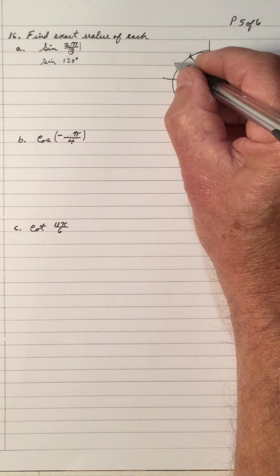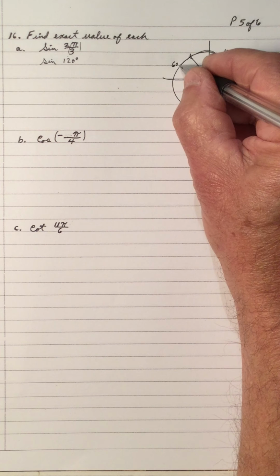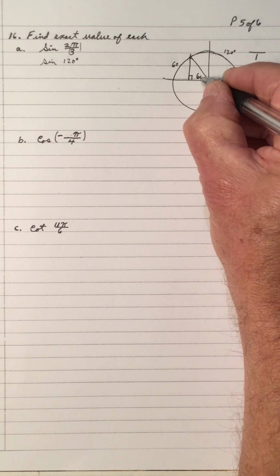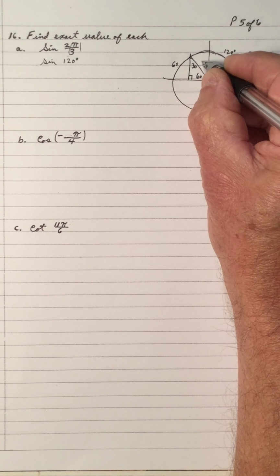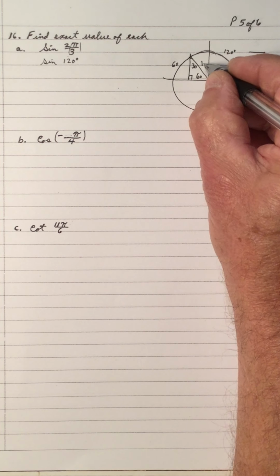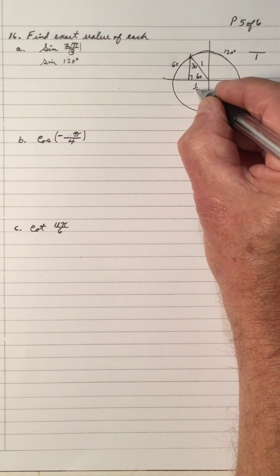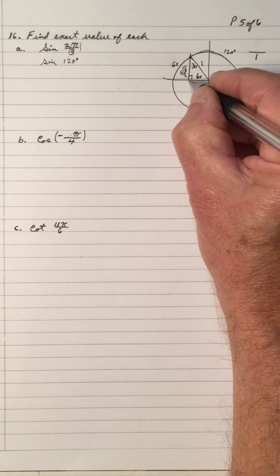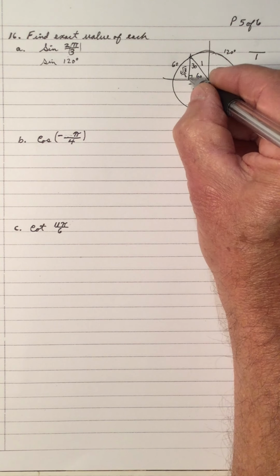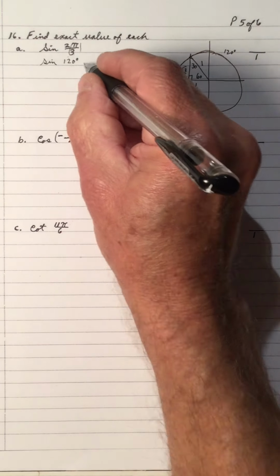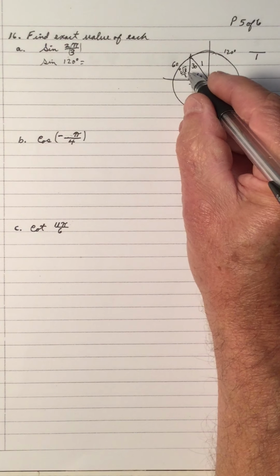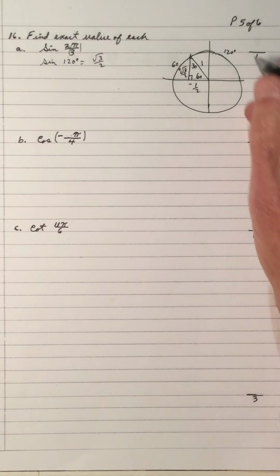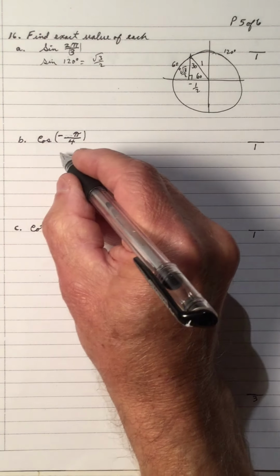This piece of arc right here is 60. Drop a perpendicular to the x-axis, this angle is 60, this angle is 30. Hypotenuse, or the radius of the circle, is 1, opposite 30 is a half, opposite 60 is root 3 over 2, and the x going to the left is negative, the y going up is positive, and sine is the y, so the y is root 3 over 2. Give yourself a mark, we have root 3 over 2.